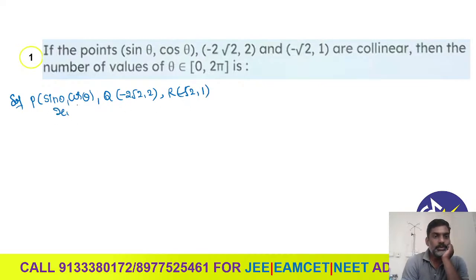These 3 points are collinear points. Let us take x1 y1, x2 y2 and x3 y3. Find out the slopes.